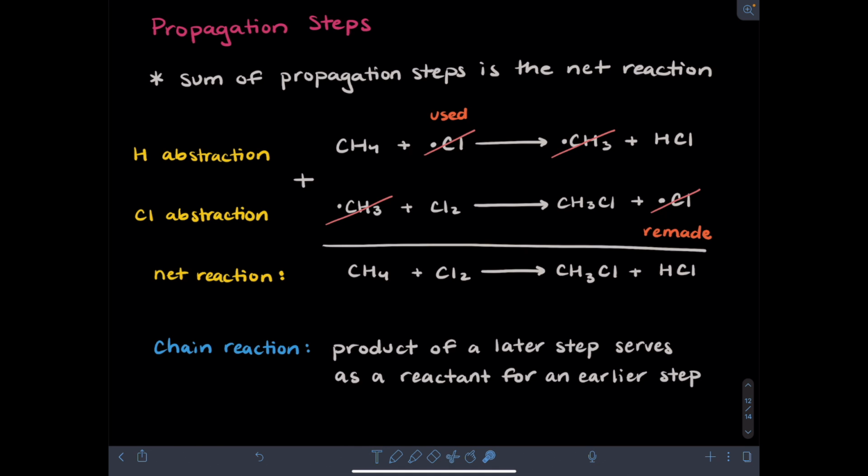That chlorine radical could go on to react with another equivalent of methane to cause the propagation step to keep going. There's a general term for this reaction in which a product of a later step acts as a reactant for an earlier step, and we would refer to this as a chain reaction mechanism, in this particular case, a radical chain mechanism.